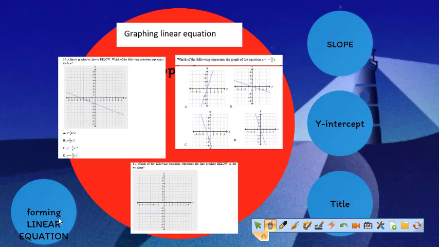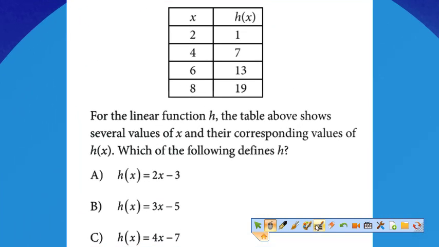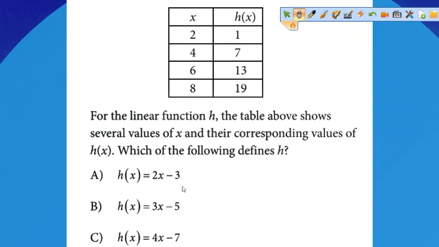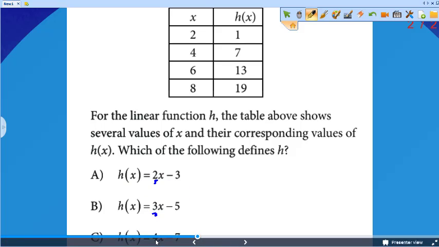Let's see another. In this example, how would you determine which equation represents the table? By substitution, right? Or by what? Yes, by slope, because slope is different in each equation. Look, slope here 2, slope here 3, slope here 4.